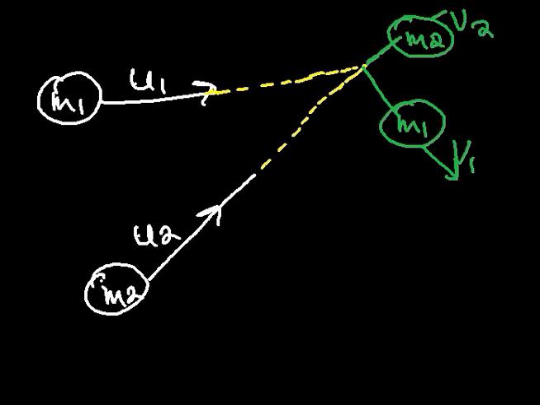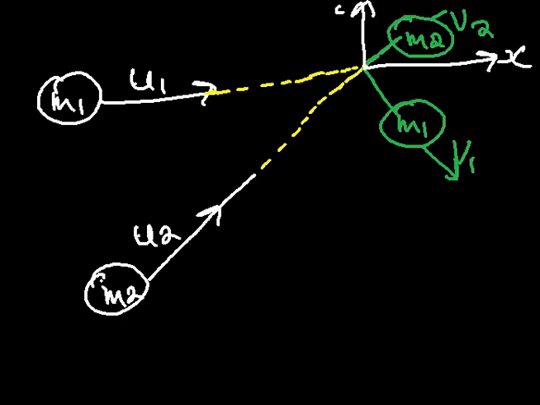So now, at the point in which the objects collided, we can depict the Cartesian plane, where this is the x-axis and this is the y-axis. Let's say this is the case.